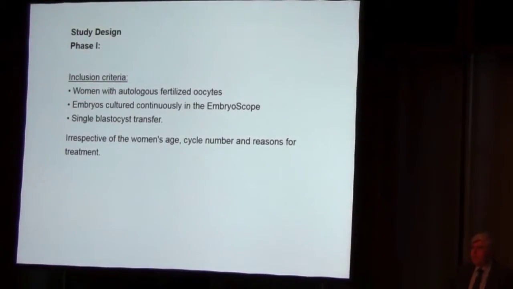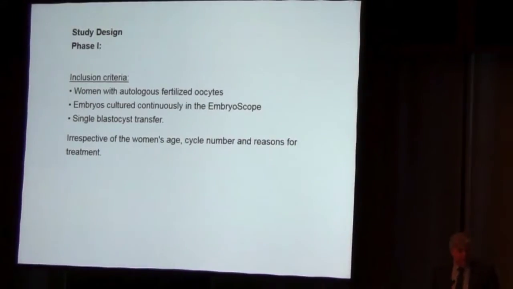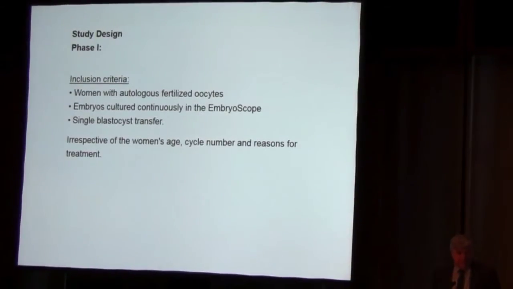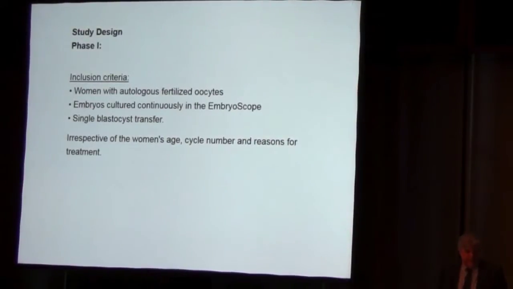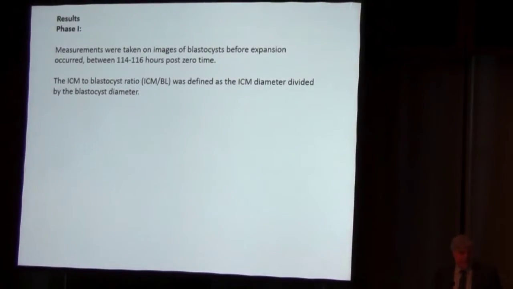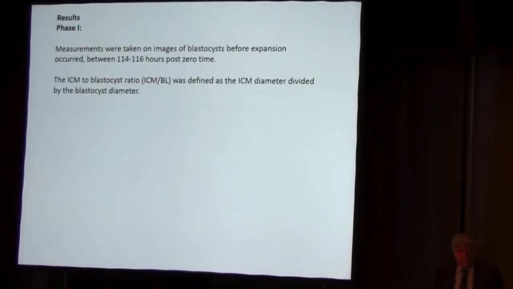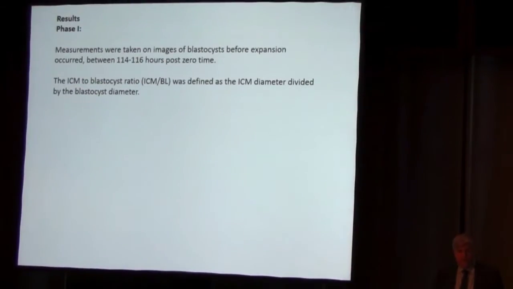So what we did is we looked at women with autologous fertilized oocytes, embryos cultured continuously in the embryoscope, and a single embryo transfer, irrespective of the woman's age, cycle number, and reason for treatment. We measured the blastocyst between 114 and 116 hours after the ICSI procedure.